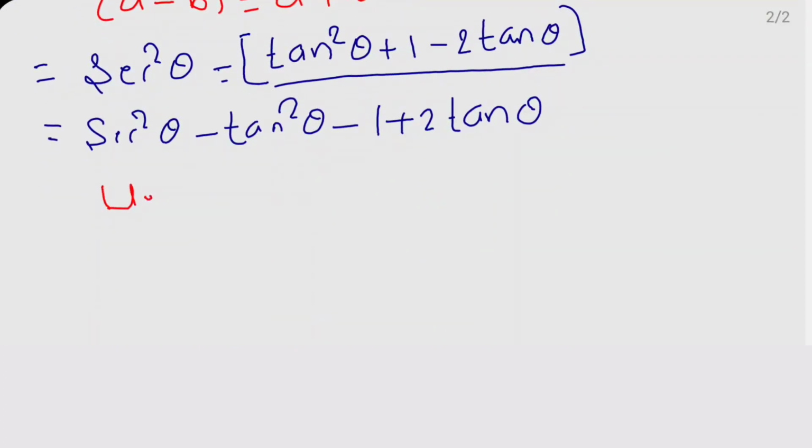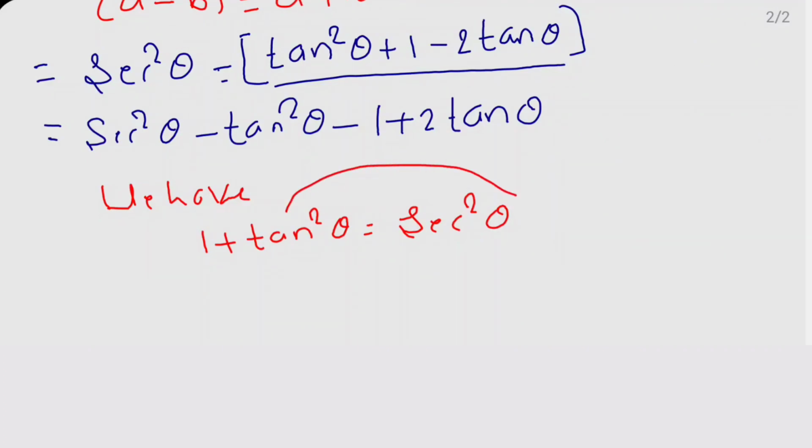And now here we have one identity, 1 plus tan square theta is equal to sec square theta. So now this tan square comes to the RHS side, it becomes a minus. So here 1 is equal to sec square theta minus tan square theta. Is it clear?